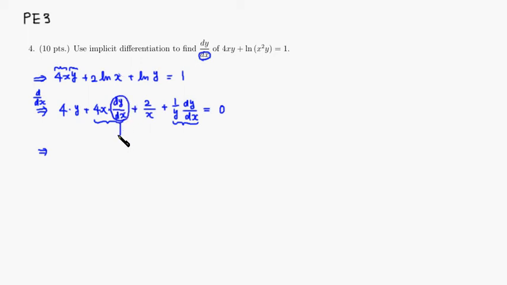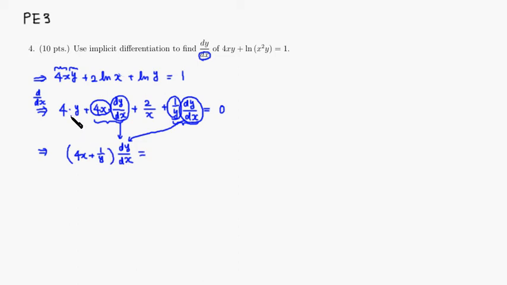I'll write dy over dx once, and what's left from those two terms would be 4x, so put 4x here, and also plus 1 over y.